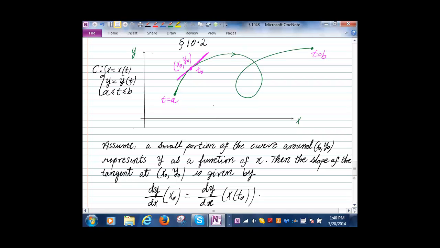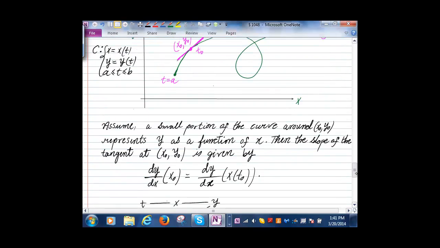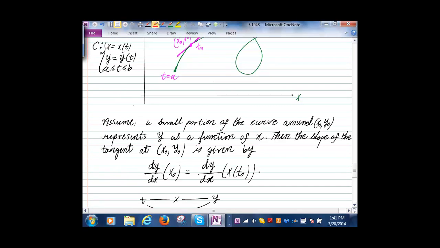And in that case, if y is a function of x, then what's the slope? So we are basically saying that y is f of x, right? If y is f of x, then what's the slope at the point x0, y0? Slope would be given by what? The slope, you're right, the derivative, right?